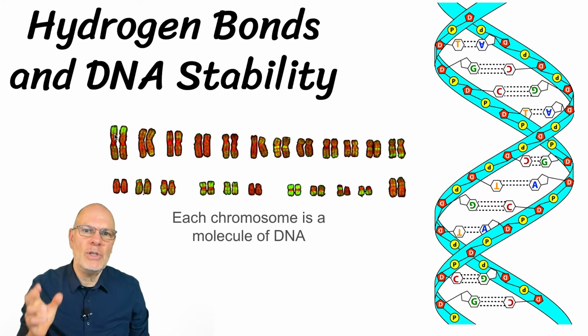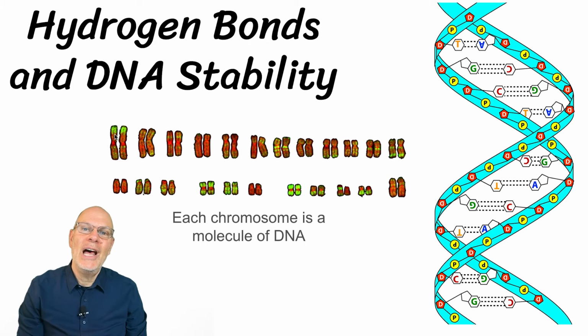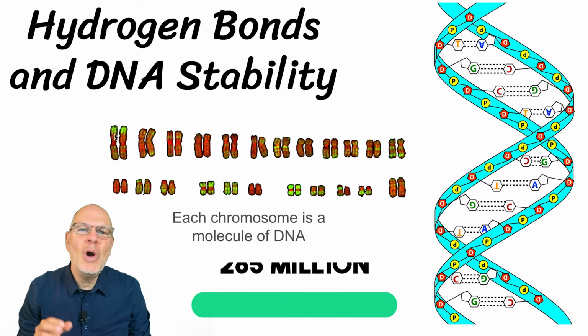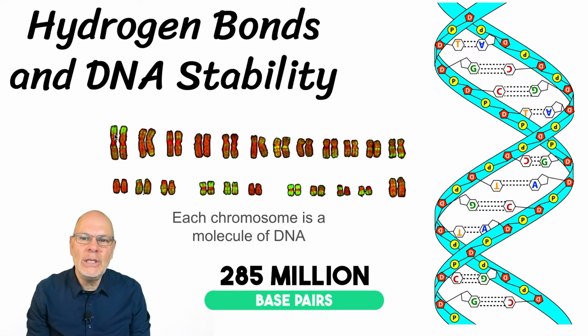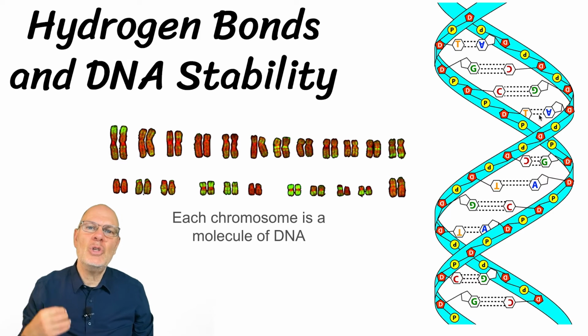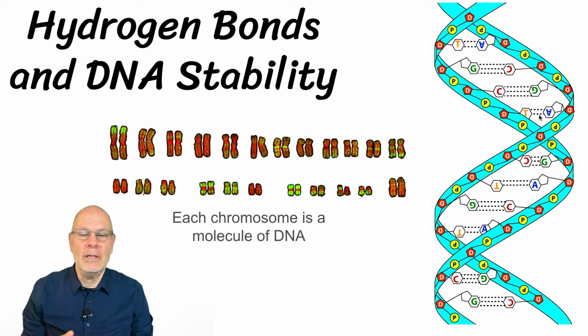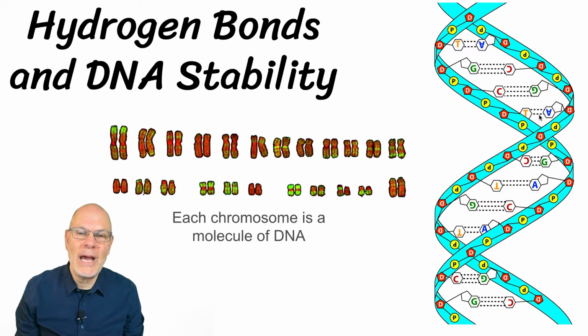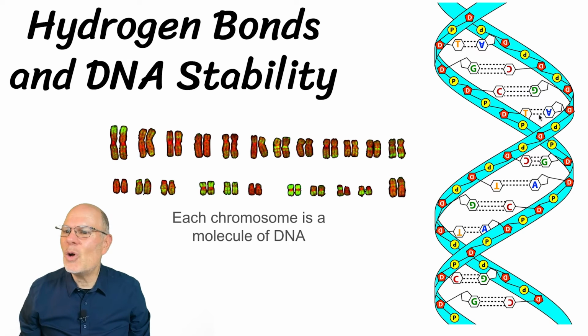That chromosome, which is found in every single cell of the human body, is 285 million base pairs. So, you start counting 1, 2, 3, 4. You don't stop until you've gotten to 285 million. It takes a lot of information to code out an organism, and that's what that's all about.